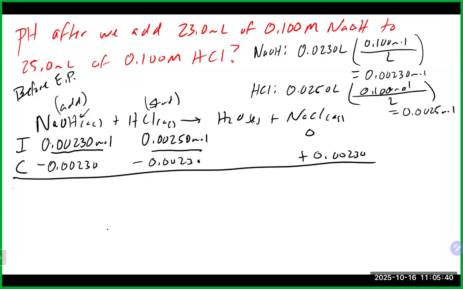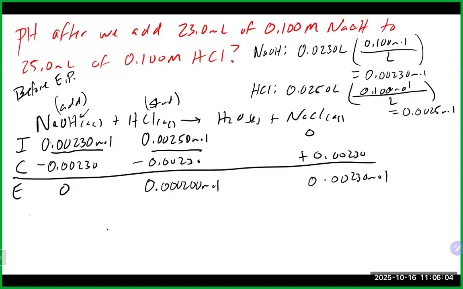And that means when we reach equilibrium, we got nothing of that. We will end up with 0.0025 minus 0.0023, 0.0002 moles, and 0.0023 moles here.